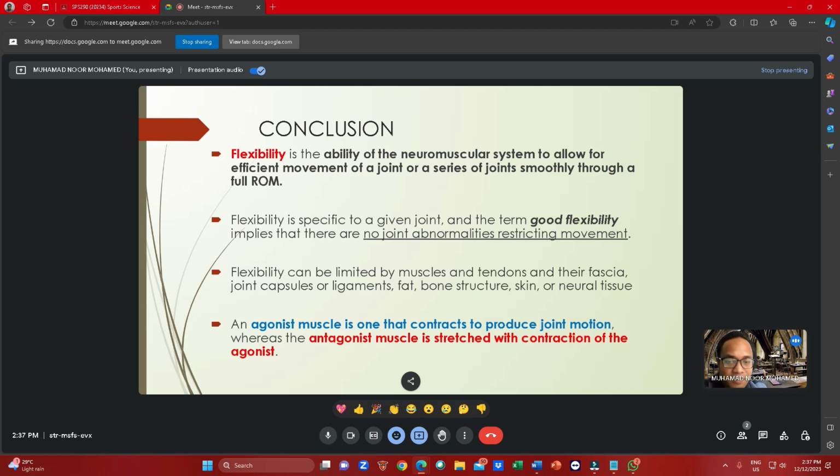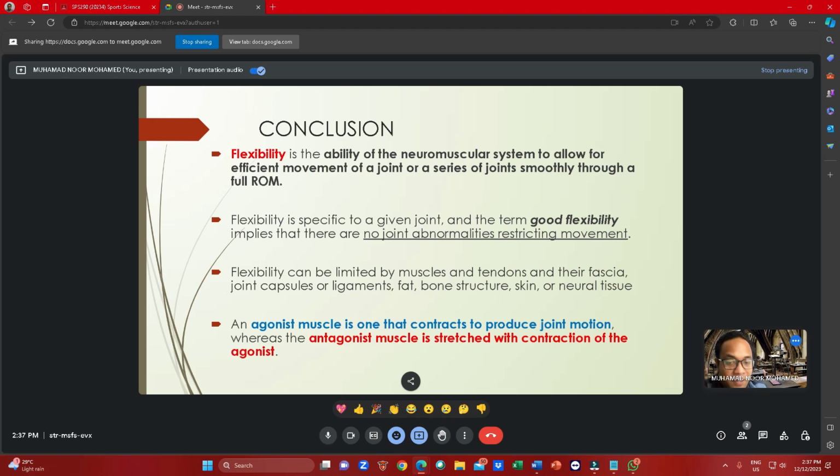Okay, so flexibility is specific to a given joint, and the term good flexibility implies that there is no joint abnormality restricting movement throughout our body. So flexibility can be limited by muscles, tendons, the membrane, the capsule, the ligament, the fat, the bone structure, skin tightness, and also the neural tissue itself.